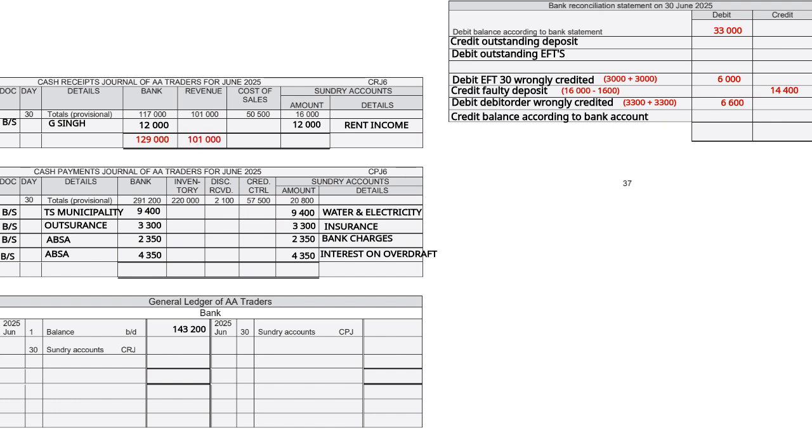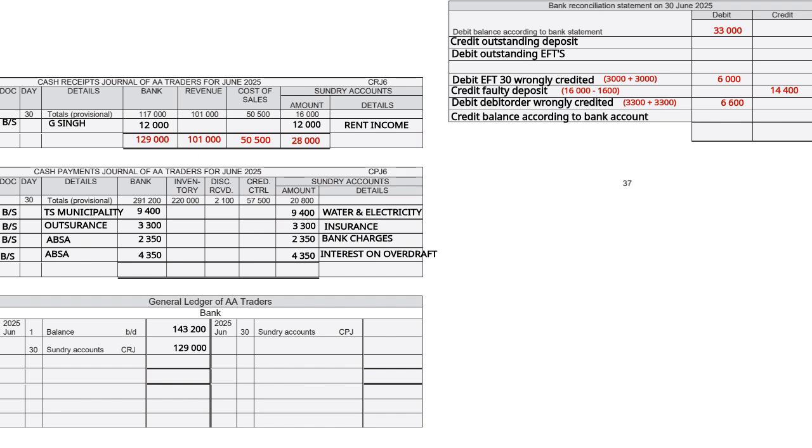Our cost of sales stayed 50,500. And our sundry accounts is now 28,000. Now that we've got our bank total of 129,000, we can post that total to the debit side of our bank account, because our CRJ goes to the debit side of our ledger account, and that is 129,000.